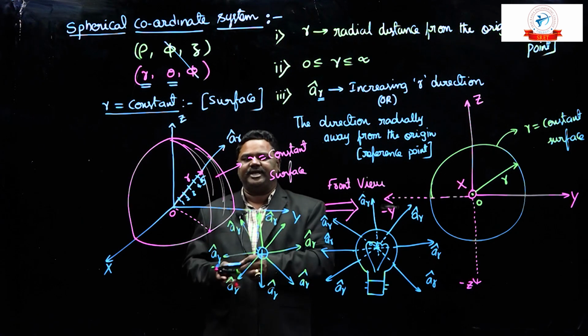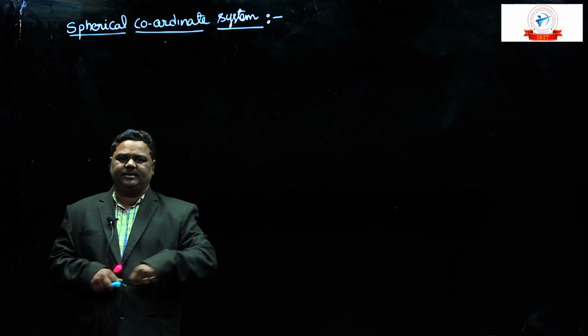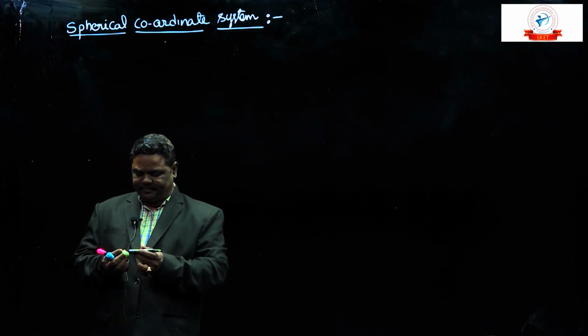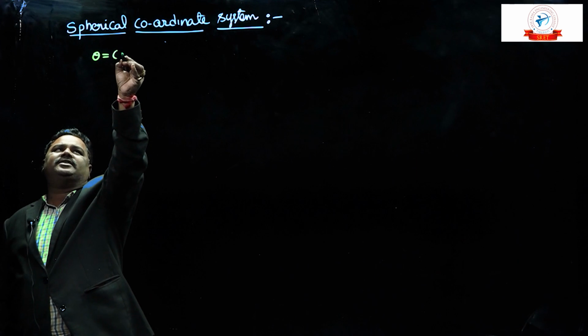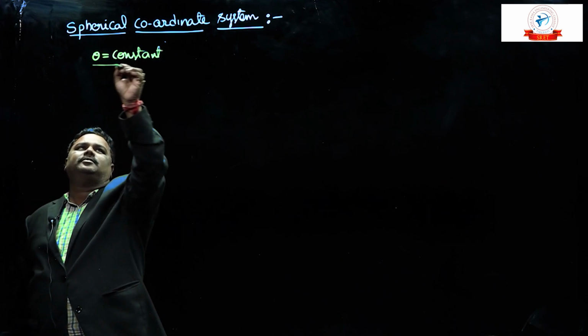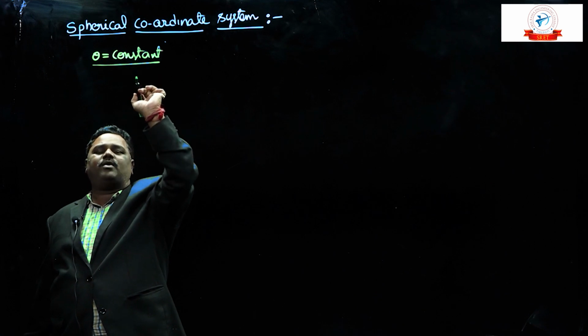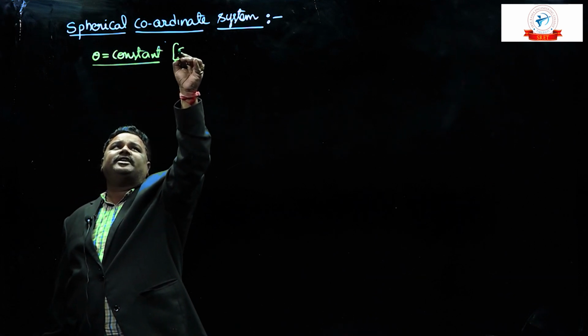Next we will see what is meant by the coordinate theta. First let us consider theta equal to constant. We know that one coordinate constant is a plane or surface. Here theta equal to constant is a surface.